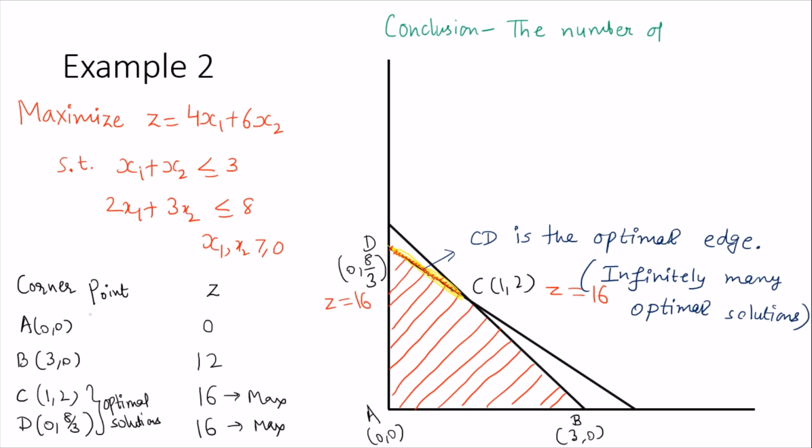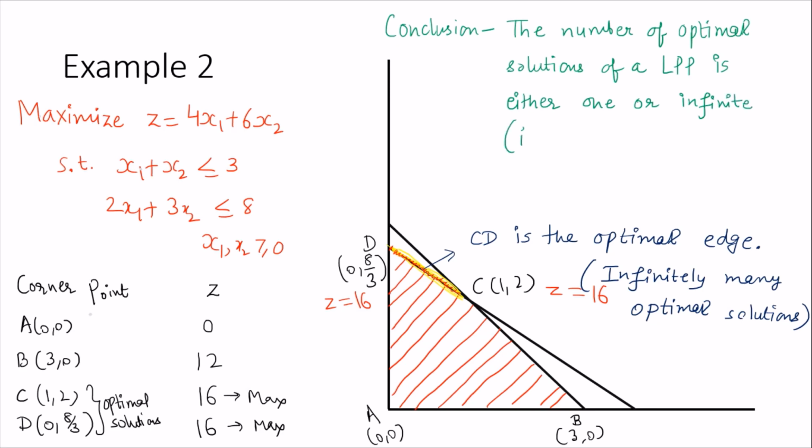So the conclusion from these two examples is that the number of optimal solutions of a linear programming problem is either 1 or infinite, because in this example we felt that the number of optimal solutions is 2, but actually whenever two optimal solutions exist, all their convex linear combinations are also optimal. That means the line segment joining those two optimal solutions is also optimal. So actually the number becomes infinite. So it's either 1 or infinite.